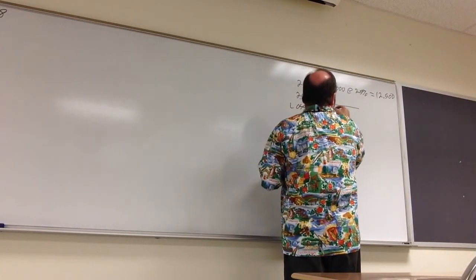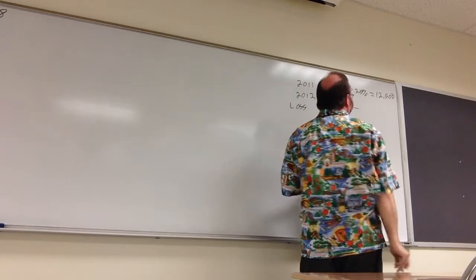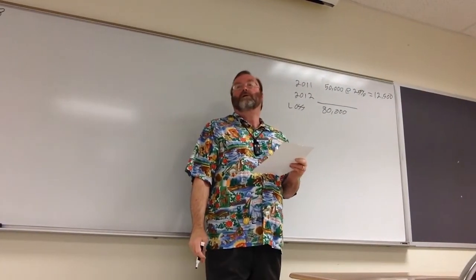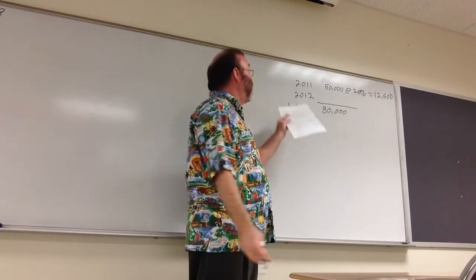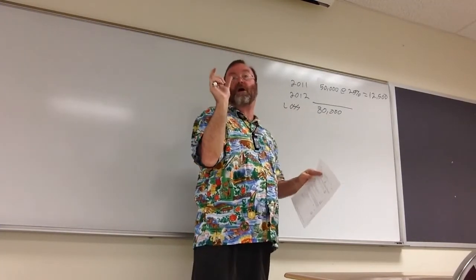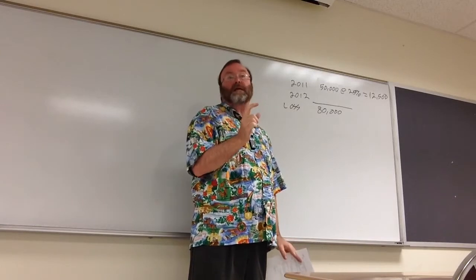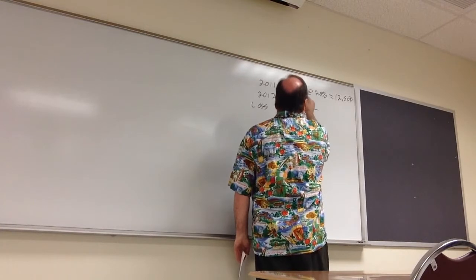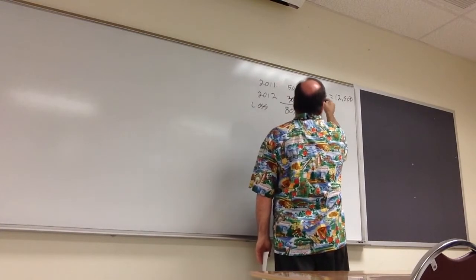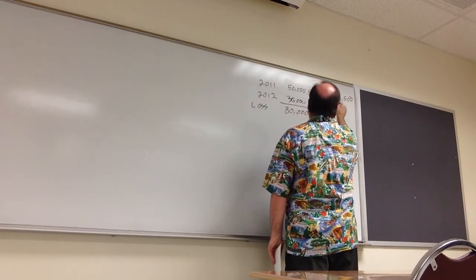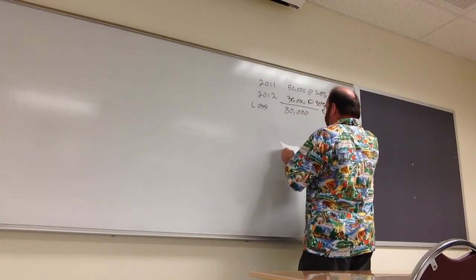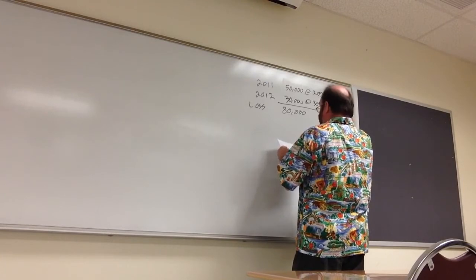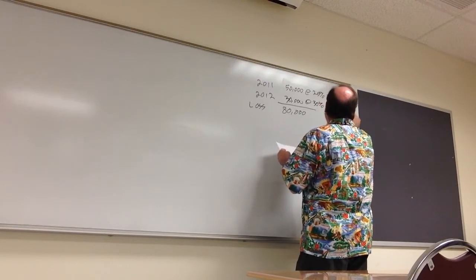In total, we have an $80,000 loss. So that leaves us for 2012 to partially offset the taxable income from that year, $30,000 left that we paid a 30% tax rate on, for a total of $9,000. That's because that's the statutory tax rate for that year.